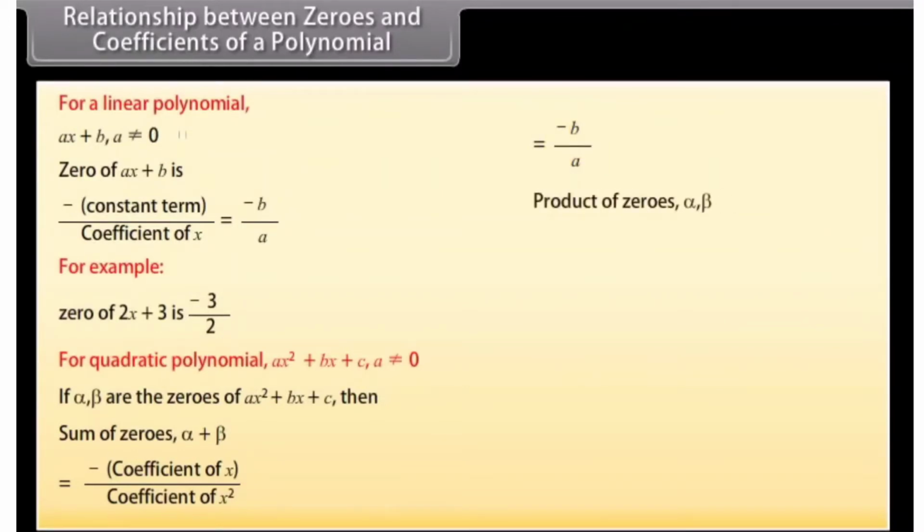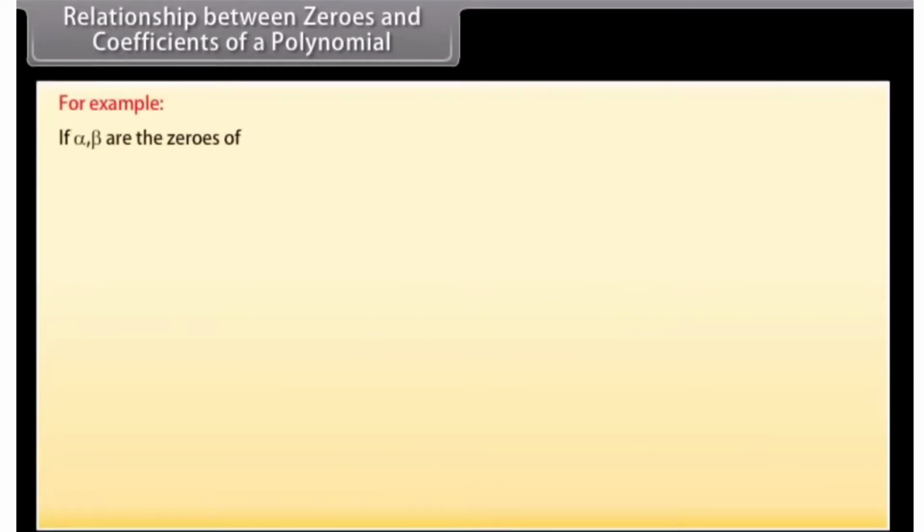Product of zeros, alpha beta, is equal to constant term upon coefficient of x square, which is c/a. For example, if alpha, beta are the zeros of 2x² + 3x + 2, then alpha + beta is -3/2, alpha beta is 2/2, which equals 1.